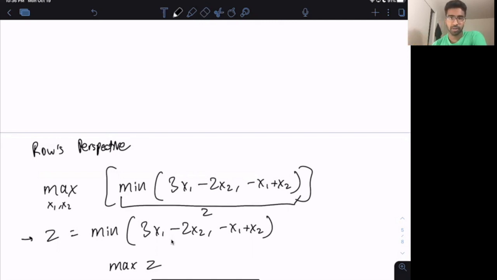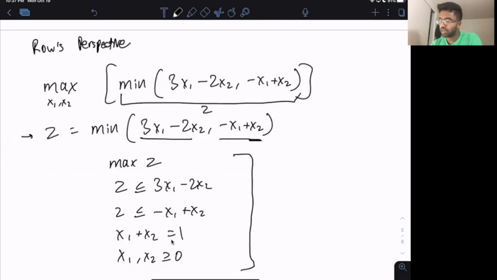The probabilities have to sum to 1, and the probabilities are x1 and x2, so x1 plus x2 equals 1. And probabilities can't be negative, so x1 and x2 are greater than or equal to 0. These inequalities and equalities are our LP representation.